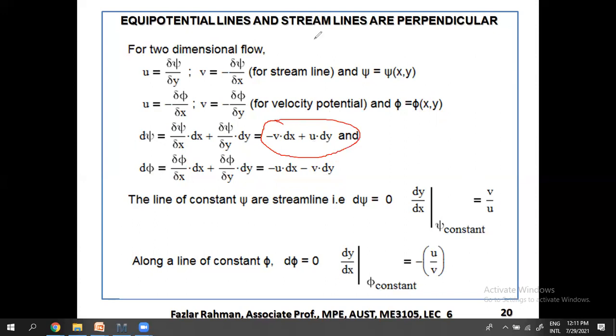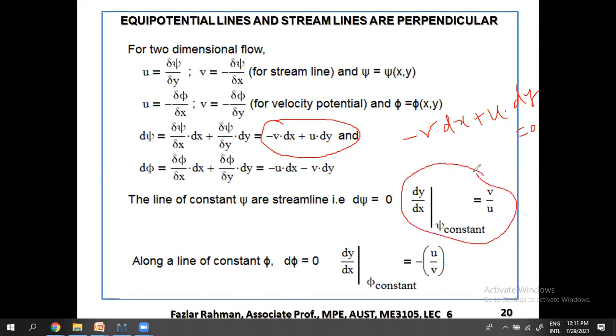How can I figure it out? I have from here, if this equal to 0, I can say minus v into dx plus u into dy equal to 0, right? And from here, if I rearrange, I can figure out dy by dx, and I'm getting this one.